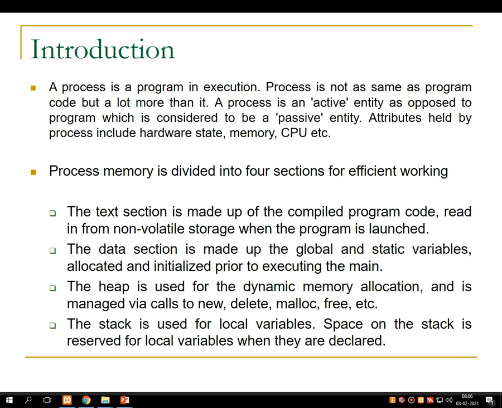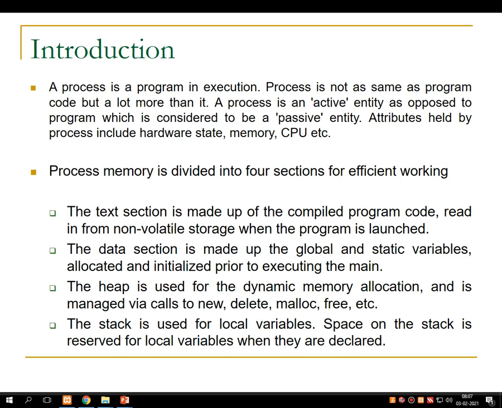In our previous session we defined the definition of process, and then we conveyed that a process is internally divided into four sections called text section, data section, heap section, and the stack.